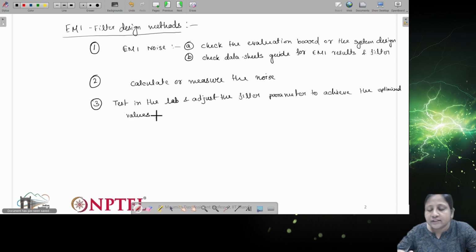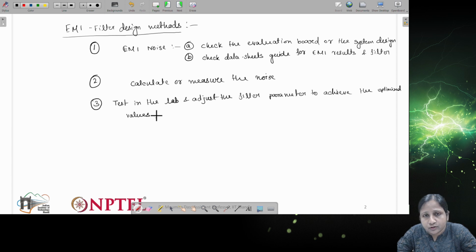Okay, so these are the different steps we need to follow. These are the overall steps for designing any type of filter for EMI noise: find out the noise source, which can be found from the board or the design by looking into the datasheet guidelines or the application note, as I already discussed in the last class.